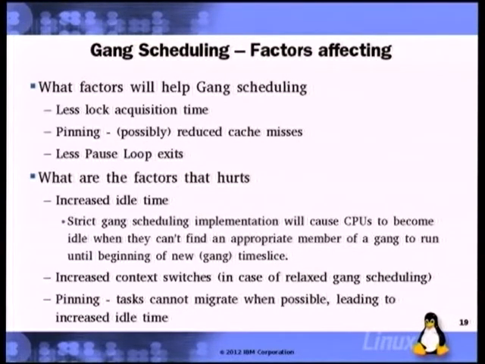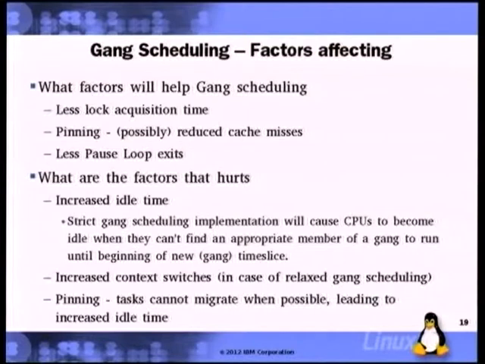Many times, because of pinning, we'll have a lot of hot cache, and we can get good benefits. The other one is pause loop exits, so a lesser number of them. The reason is that all the vCPUs are running, so the condition of pause loop exit would not be so much.